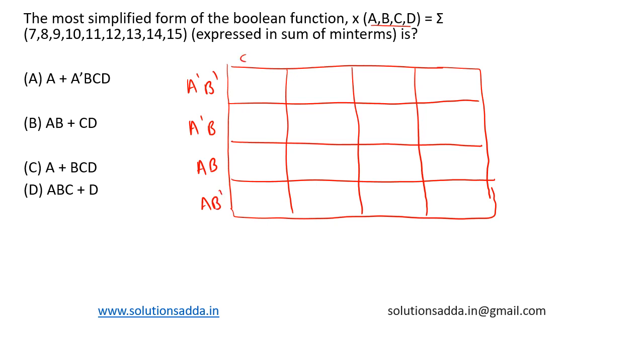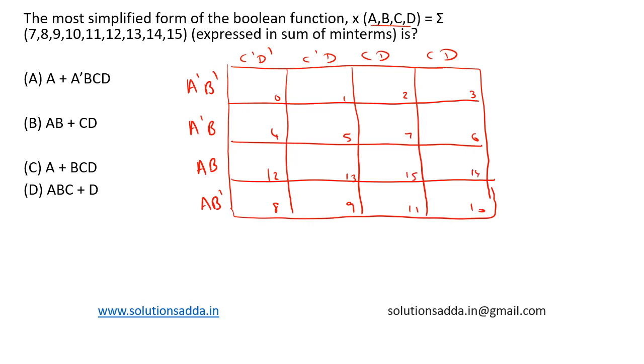And here we have C bar D bar, C bar D, C D, and C D bar. And the values will be 0, 1, 3, 2, 4, 5, 6, 7, 8, 9, 10, 11, 12, 13, 14, 15.